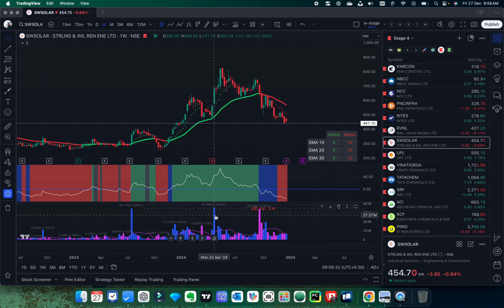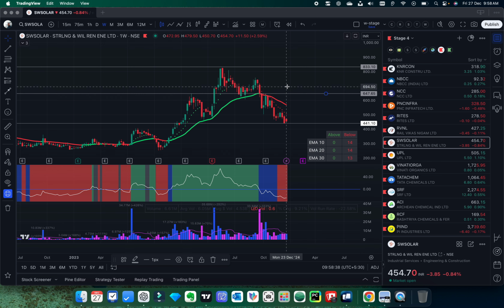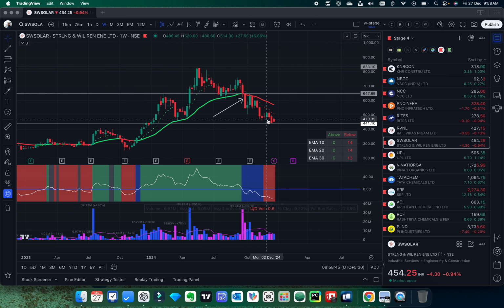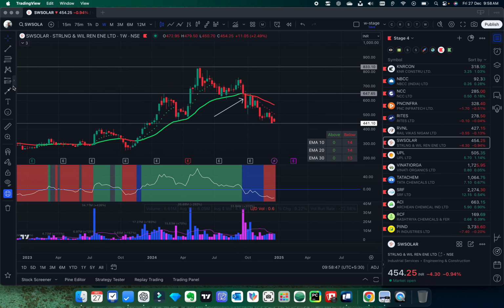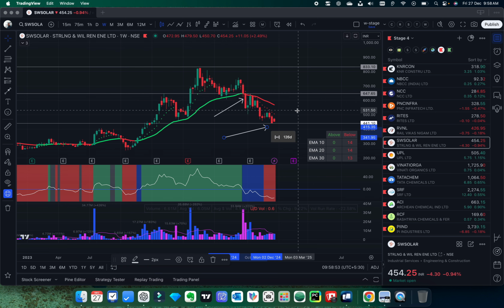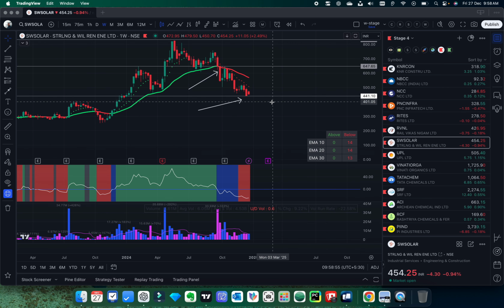See the volume on the breakout, and then topping over here. And once this thing is broken, this is stage 4 started. Now it's taking support over here. This is a well defined support, so it is still in the downtrend and underperforming.